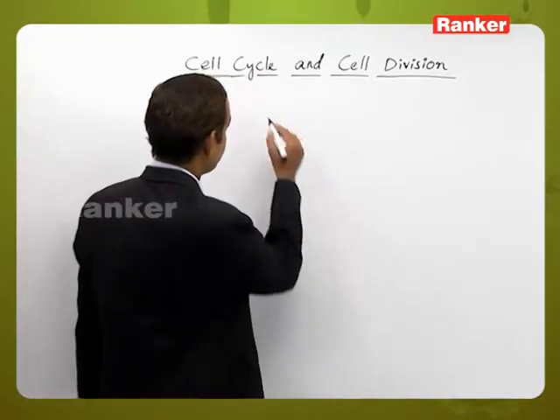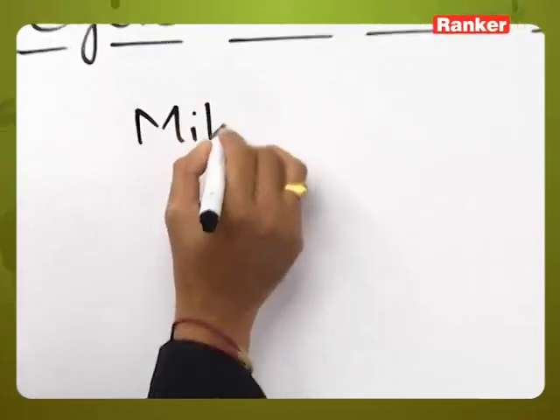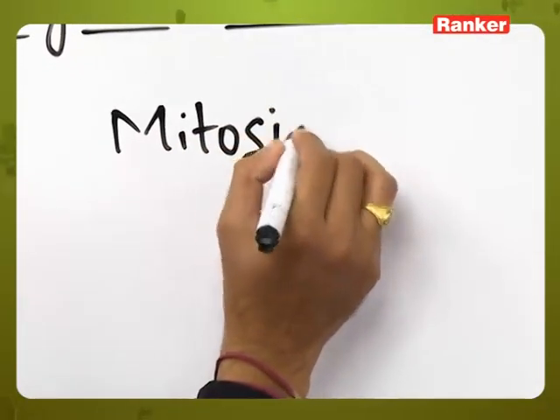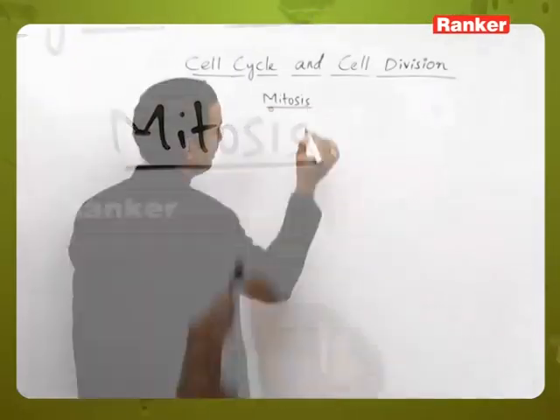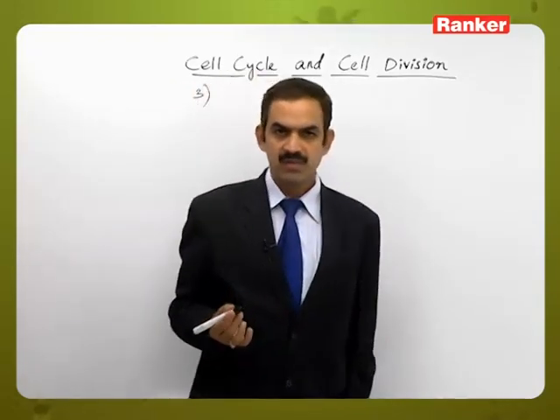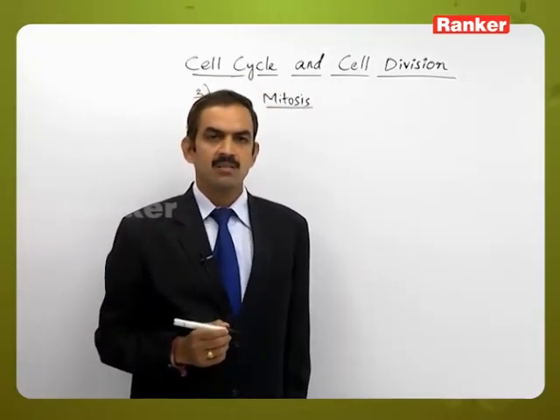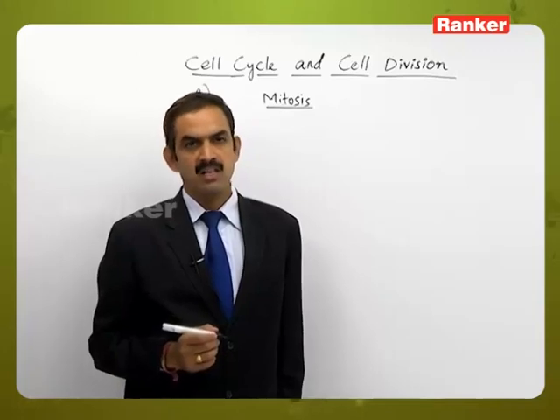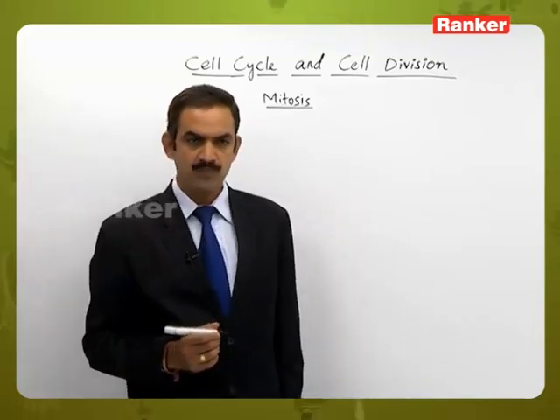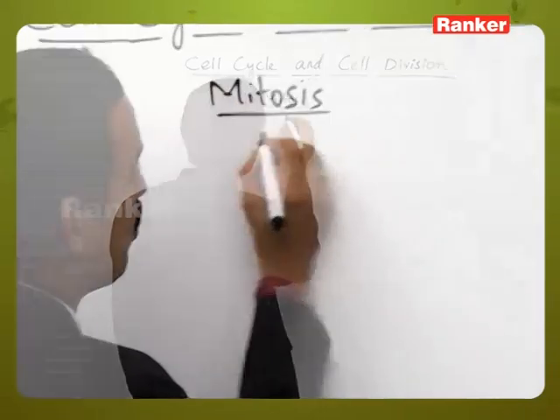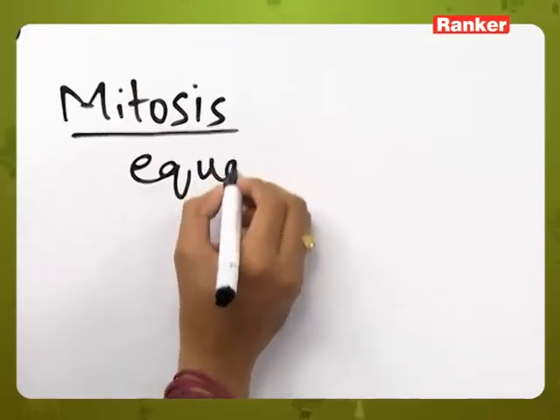So here, mitotic division or mitosis, we can call. Mitosis is a division which occurs in haploid cells and in diploid cells also. So it is otherwise called equational division.